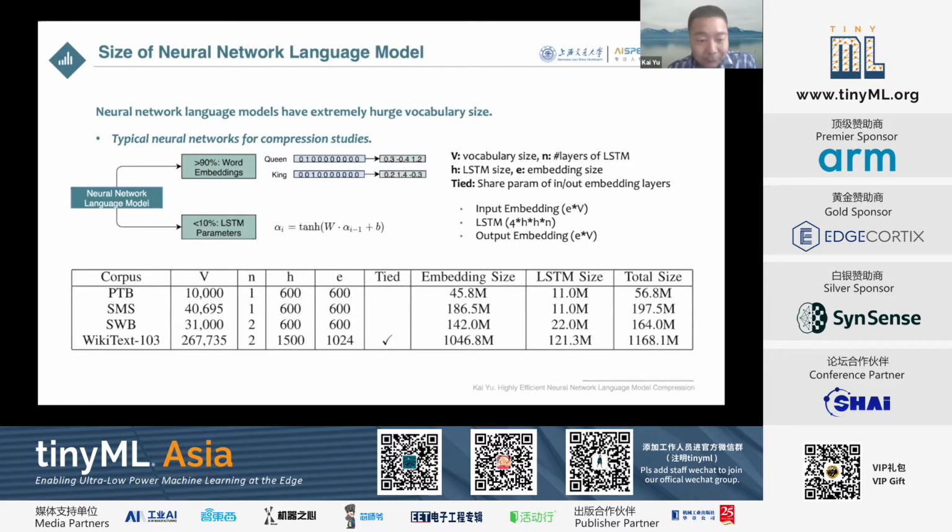As you can see from this table, in a wiki text corpus, if we have 26K words, the embedding size is almost 1 gig. And if we use an LSTM language model, the neural network size is only 100 megabytes. So the real problem lies in the word embedding.